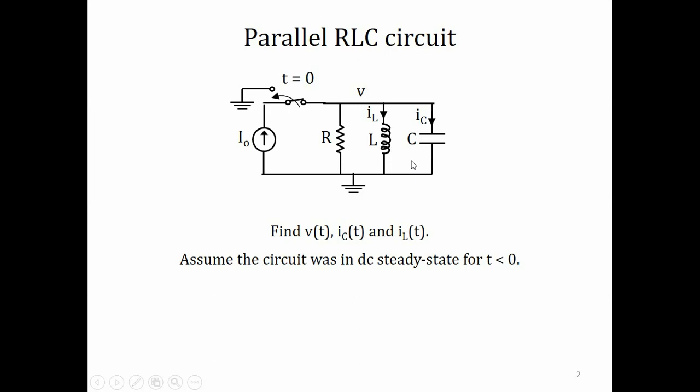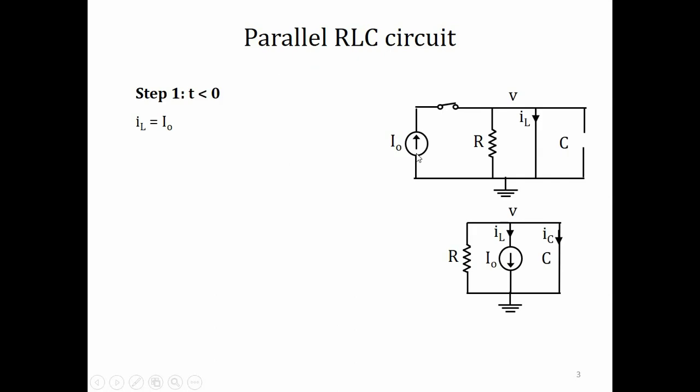Alright, so as we've done in the last chapter, we'll go through 3 steps, solving the circuit for 3 different time regions. So the first thing we'll solve for is t less than 0. You assume that for t less than 0, the circuit is in DC steady state.